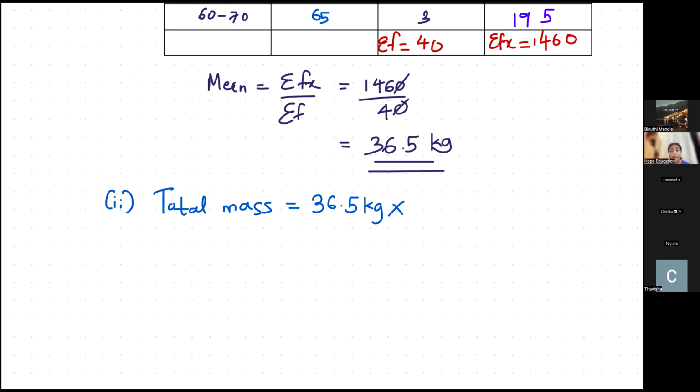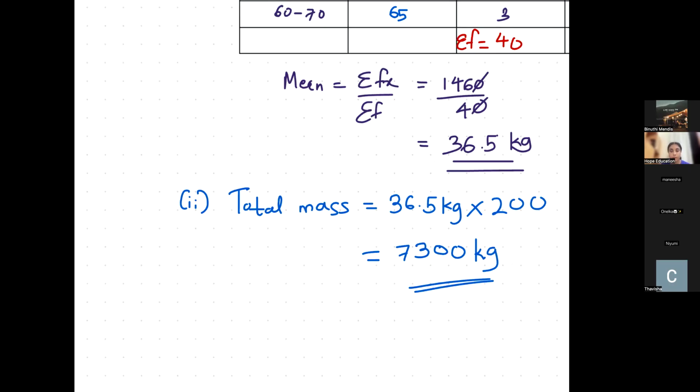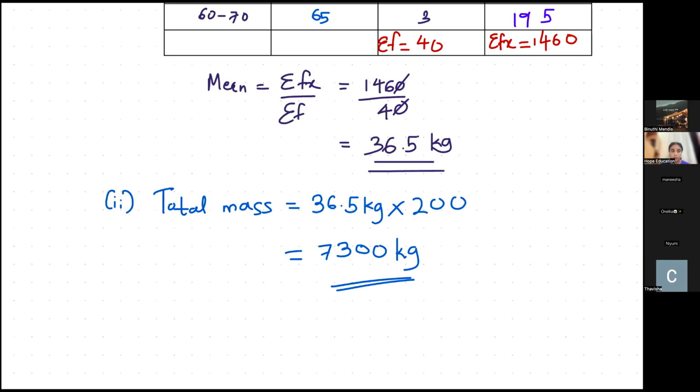How many bags do we have? We have 200 bags. So 365 multiplied by 2 is 730, and with the zeros, 7,300 kg. Did you all get this one? Give me a thumbs up. Everybody? Okay.